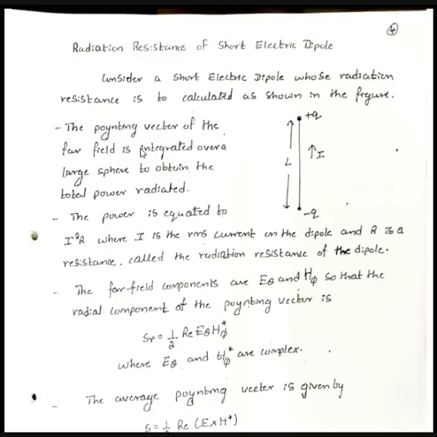If we calculate the total power radiated by this short dipole whose length is L, this power should be equated to I square R, where capital I is the RMS current on the dipole that has been flowing. And what about this capital R? Capital R is a resistance which is also called the radiation resistance of a dipole, which we are going to find in this particular derivation, or in this particular topic.